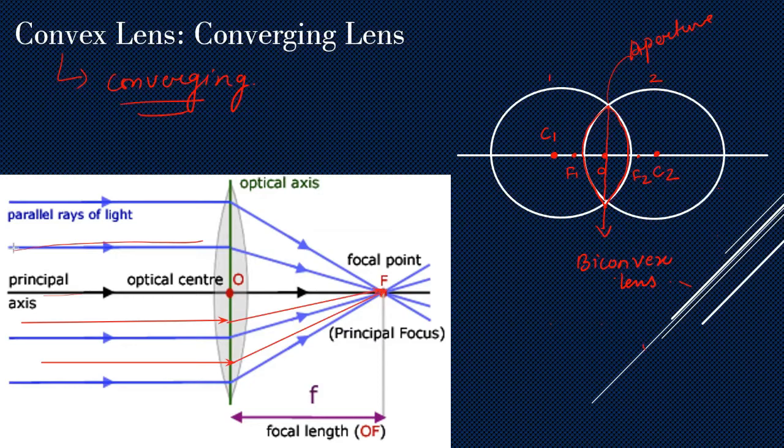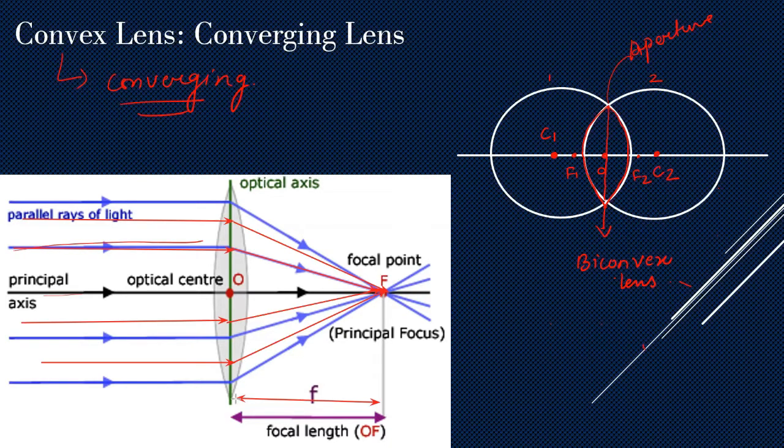They are getting converged at a point. That point is called the focus. All of them are getting converged at this point, right? So this point will be named the principal focus. And you know that the distance between the principal focus and the optical center is your focal length, f. Okay, understood? Right.